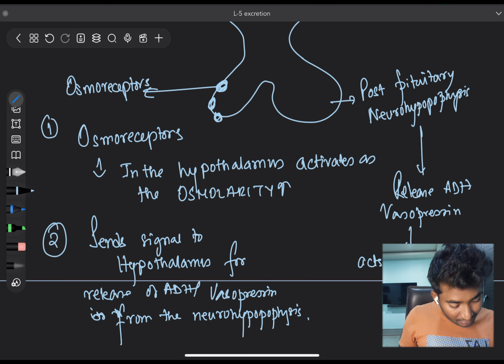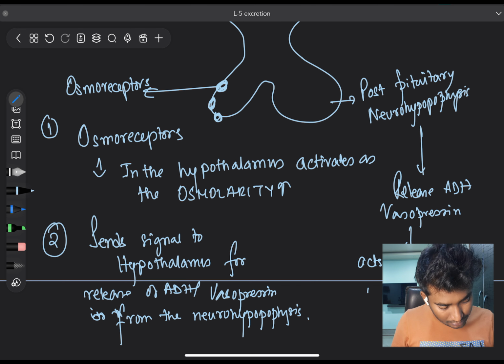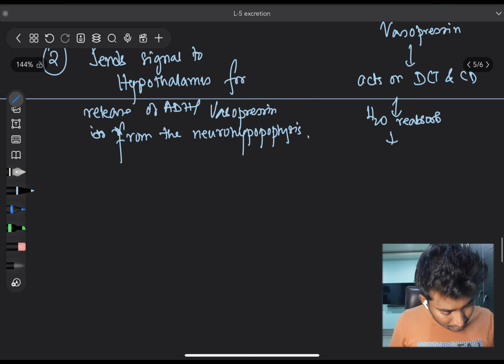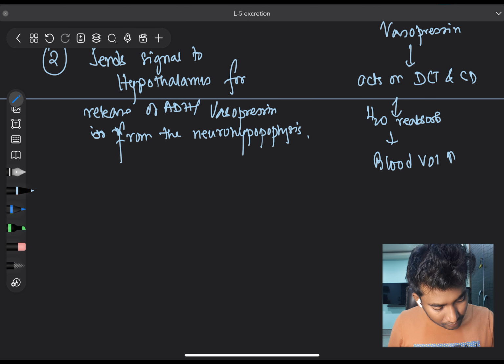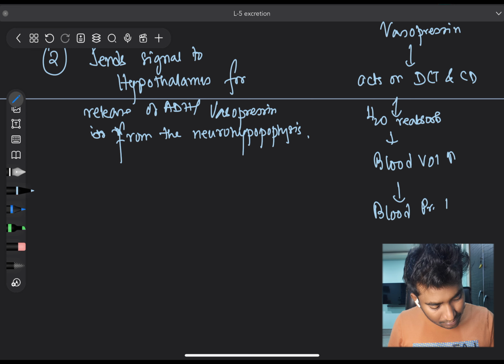Thus, it acts on the DCT, distal convoluted tubule, and the collecting duct, where it reabsorbs H2O. So what happens? H2O is reabsorbed, then the blood volume will go up. Obviously, the blood pressure will go up, ultimately increasing the GFR.